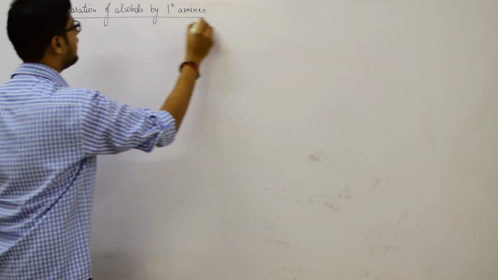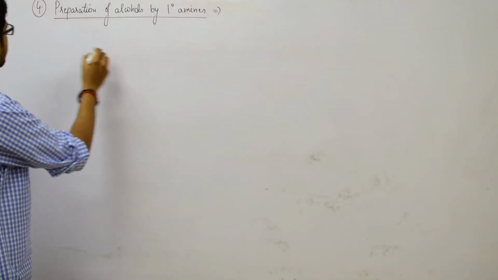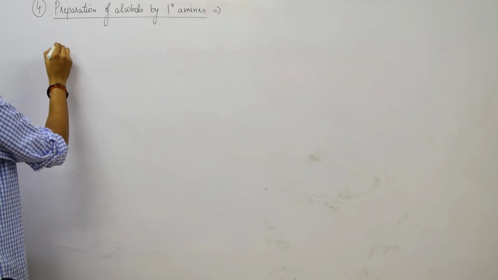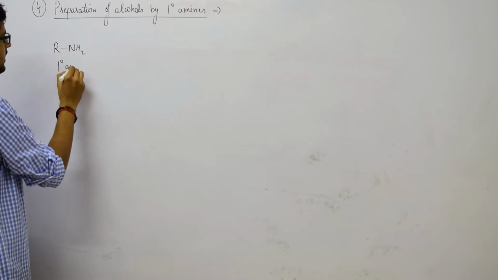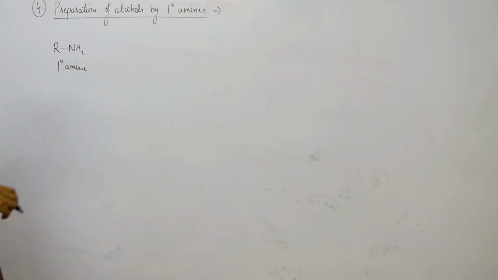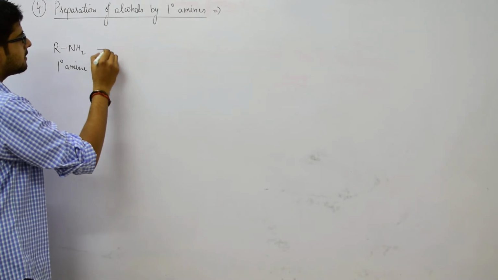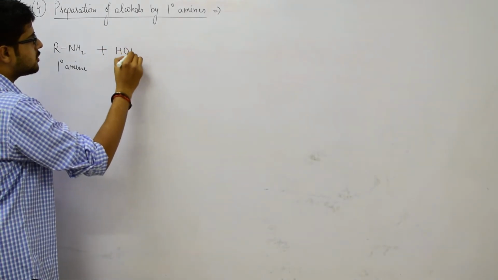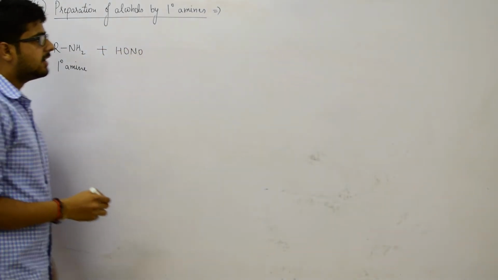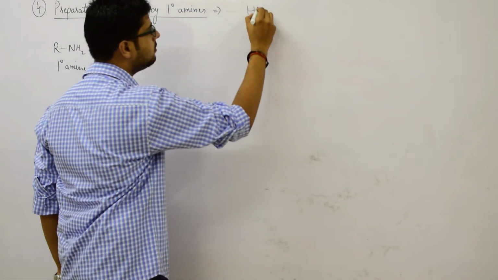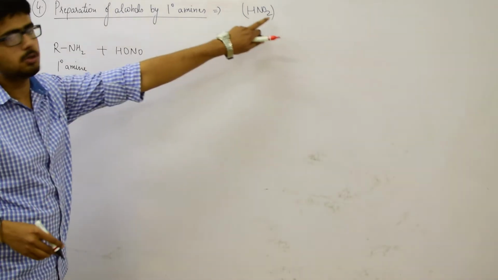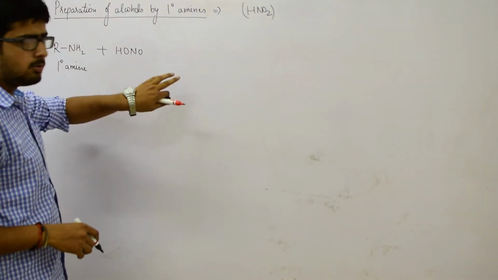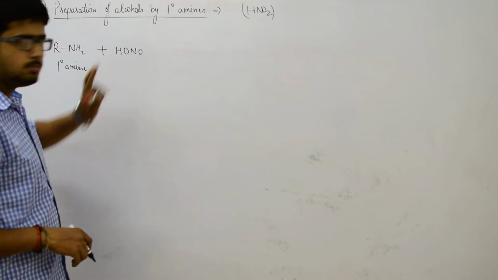So how can we prepare alcohol from primary amines? We have our amine of the type RNH2. This is our primary amine, 1 degree amine. It is treated with nitrous acid, HONO. Actually nitrous acid is HNO2, so we are changing its configuration, writing HNO2 in the form of HONO.